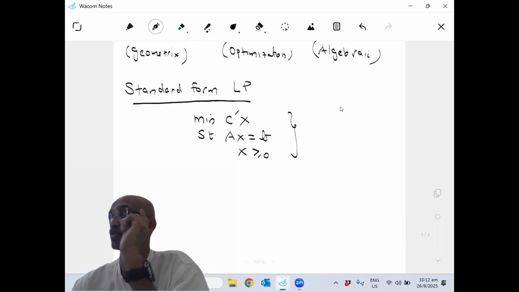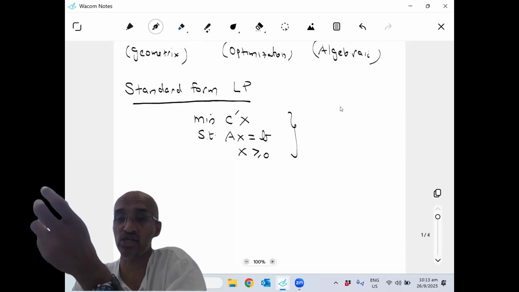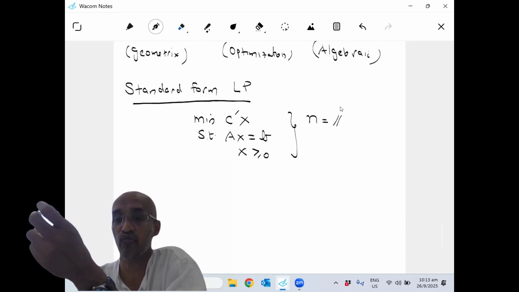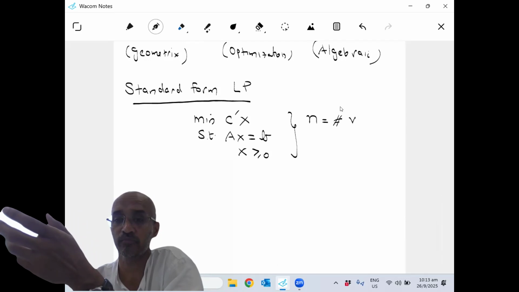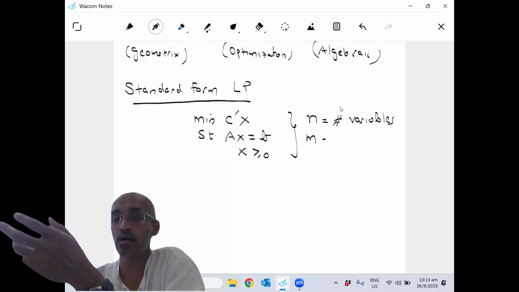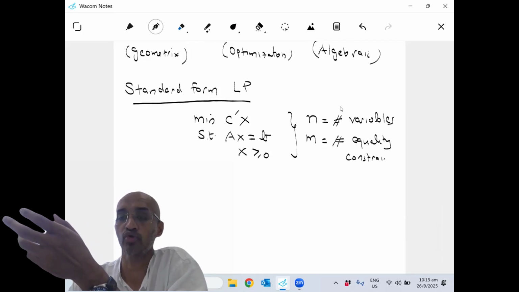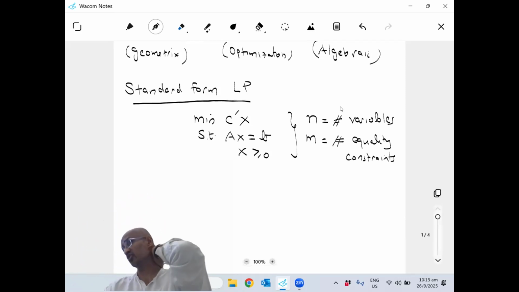Just to be clear about the dimensions, n here is the number of variables, so the number of x variables, and m is the number of equality constraints. I want to think about what a basic feasible solution will look like for this particular LP.